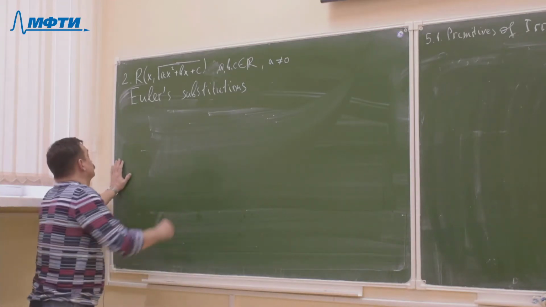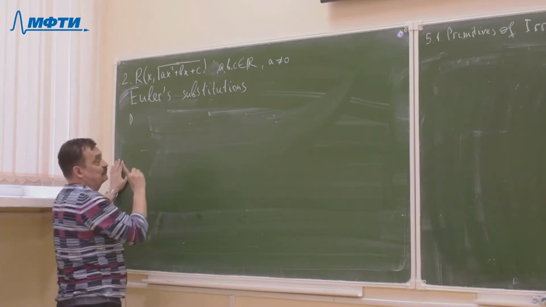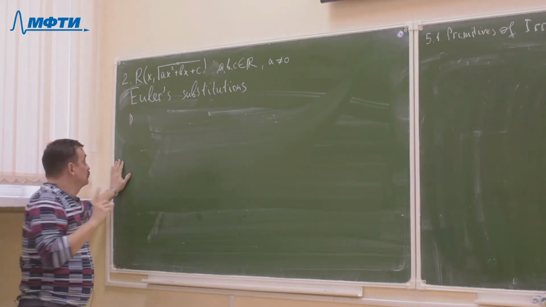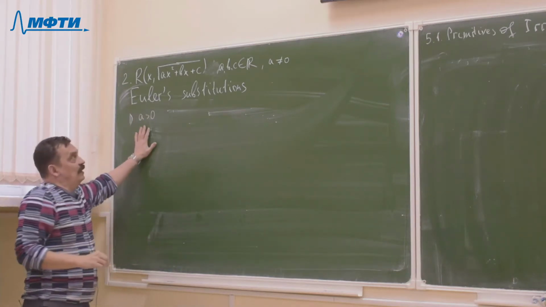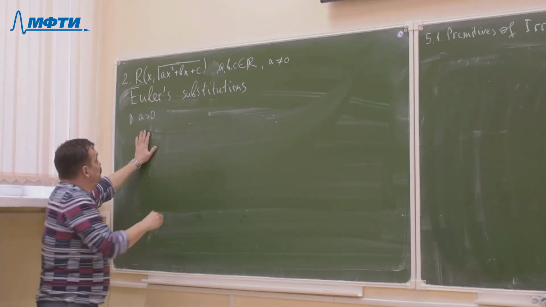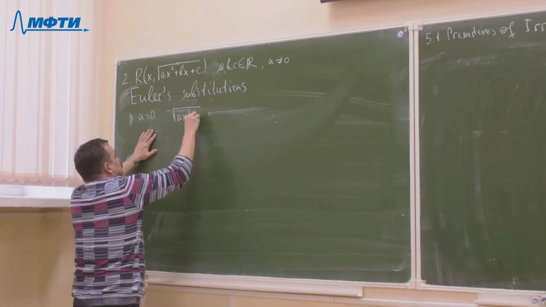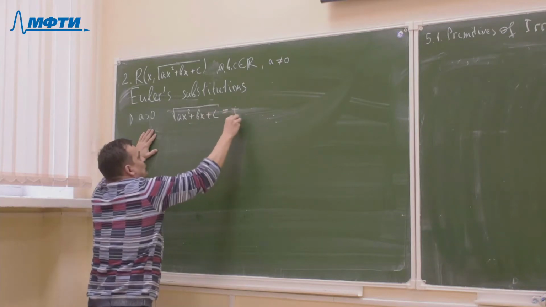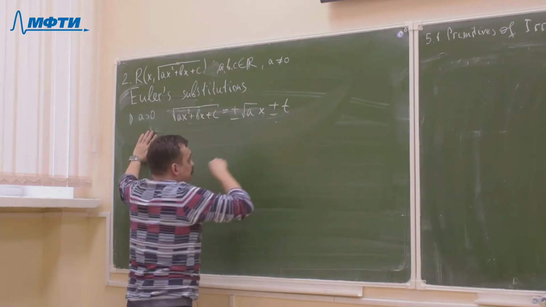So, first, a class of substitutions, not just one. It works when a is positive. If a is positive, then we make the following substitution: plus or minus square root of ax plus or minus t.